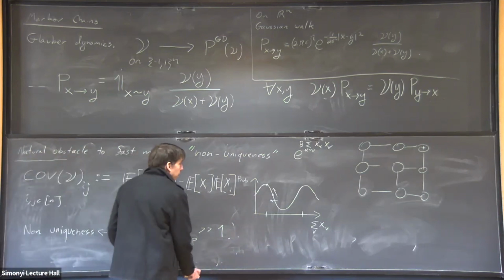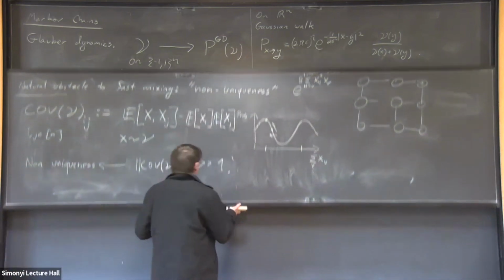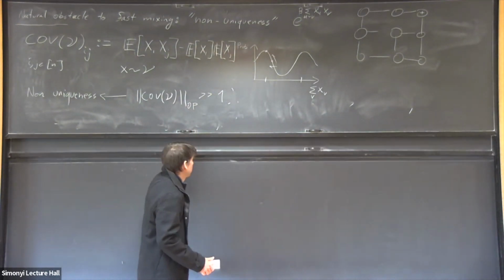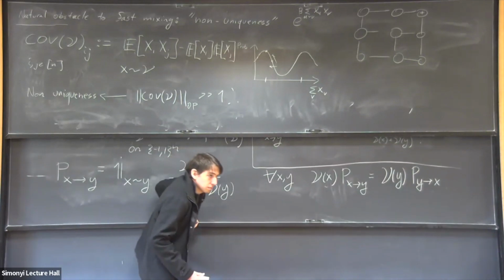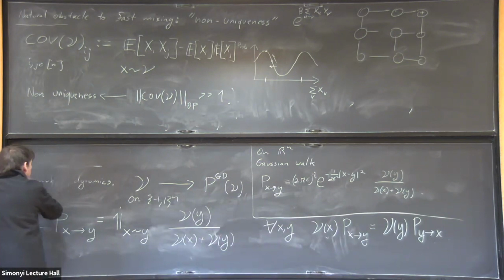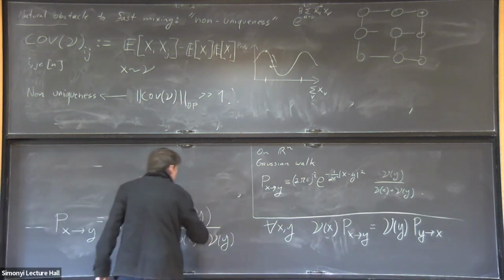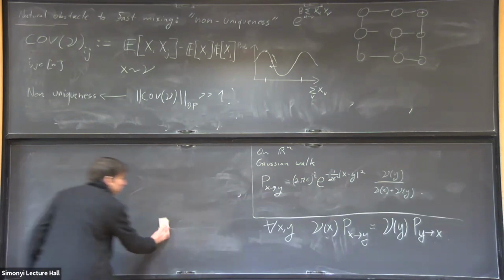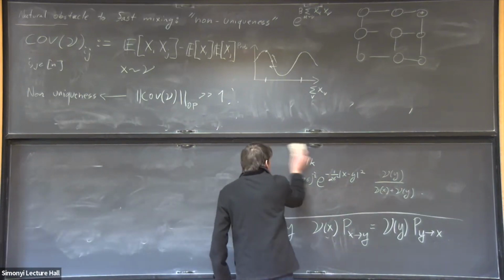Maybe another example that's more combinatorial: a uniform spanning tree of a given graph. It's a distribution on {0,1} to the edges of the graph.